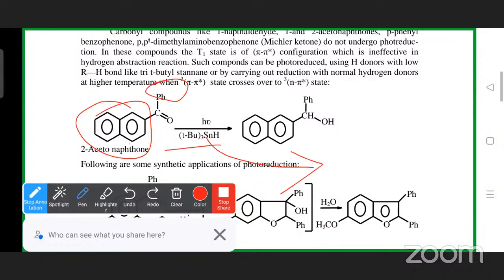So when these bulkier carbonyl groups are there, we use this tertiary butyl tin hydride reagent as a proton donor. Usually you use isopropyl alcohol as a proton donor, but here, when these naphthalene derivatives are there, we are using tin hydride as a proton donor.